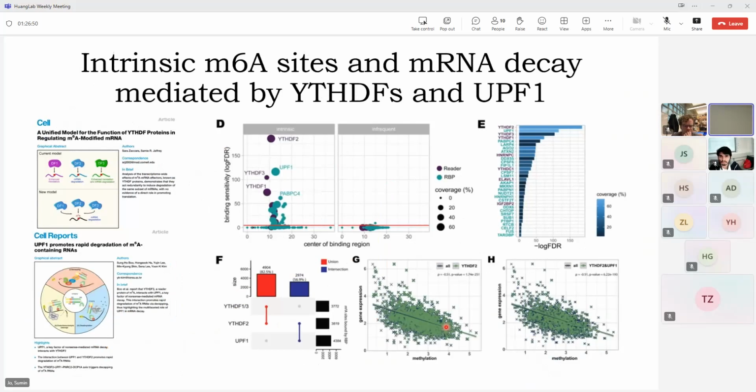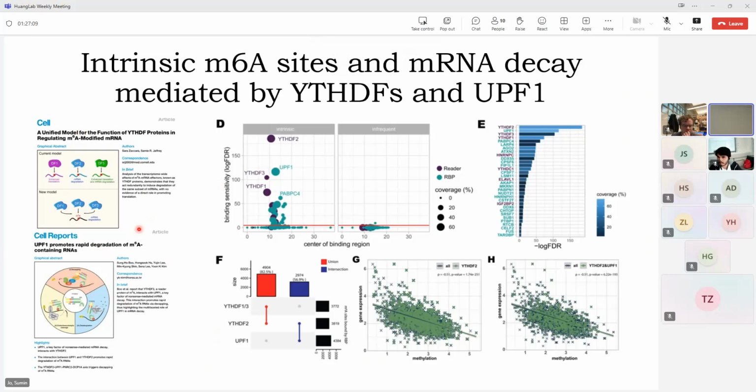So then let's focus on the mRNA degradation function. As I briefly introduced in the introduction or background part, YTHDF1 to 3 are all known to work as reader proteins to degrade mRNA.